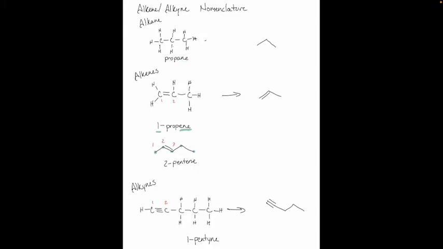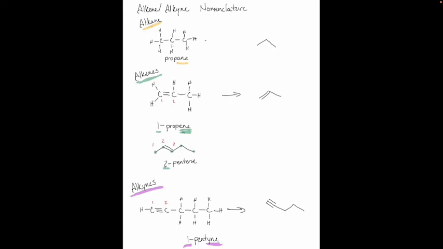So when we had our alkanes, we had the ane ending. Our alkenes have the ene ending, and because we have this functional group in there, we also have to indicate the position of the functional group. And then when we get to alkynes, they have this yne ending, and again, we have to indicate the position of that functional group.